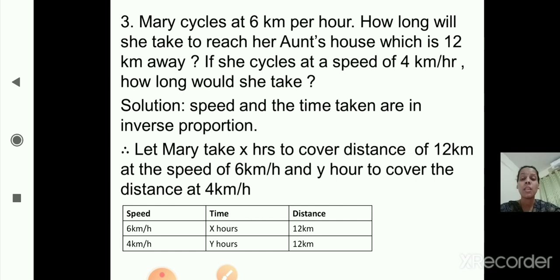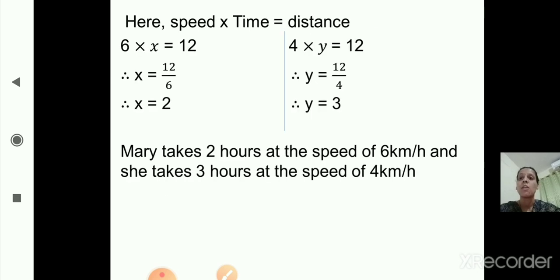But the timing is Y. Now we will solve. 6 multiplied by X is equal to 12 km and 4 km multiplied by Y is equal to 12 km. So after doing this, we got X is equal to 2 and Y is equal to 3. Right? Means Mary takes 2 hours at the speed of 6 km per hour and she takes 3 hours at the speed of 4 km per hour. Okay, as the speed decreases, the number of hours increases. Okay, so this is inverse proportion.